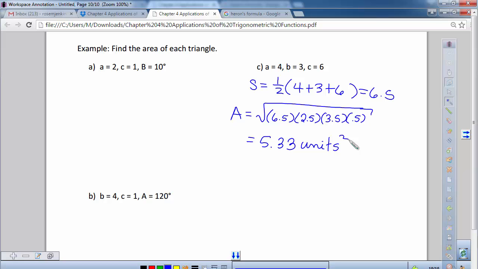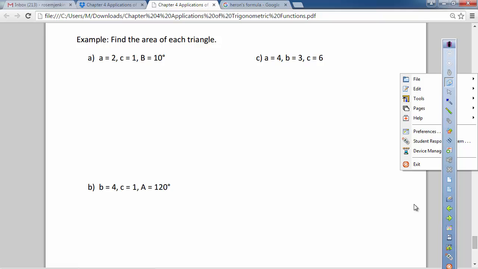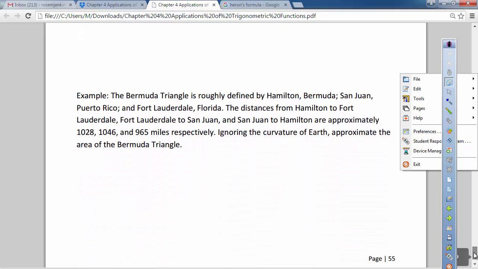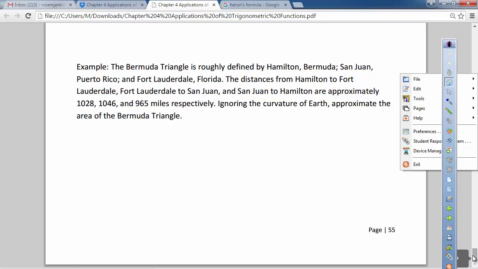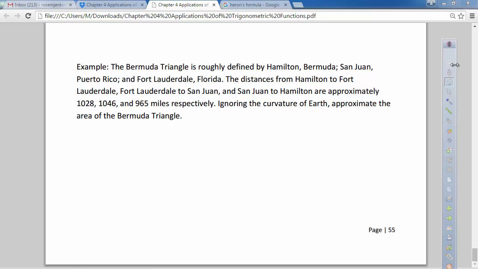Okay, so let's see if we can take a look at an application. It says the Bermuda Triangle is roughly defined by Hamilton, Bermuda, San Juan, Puerto Rico, and Fort Lauderdale, Florida.